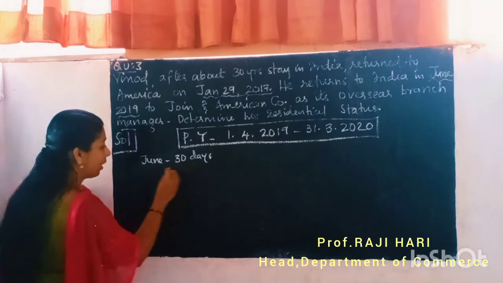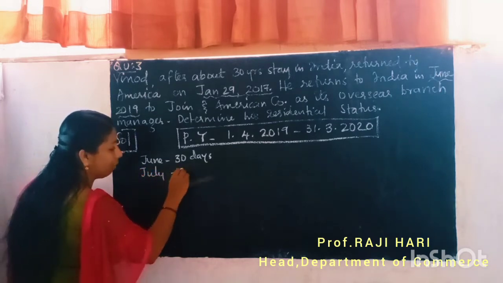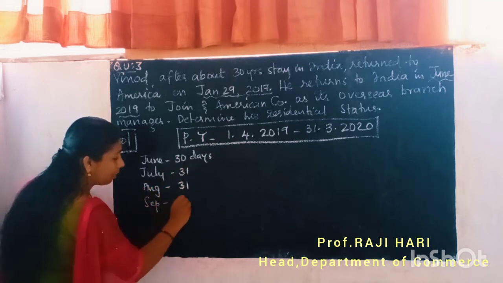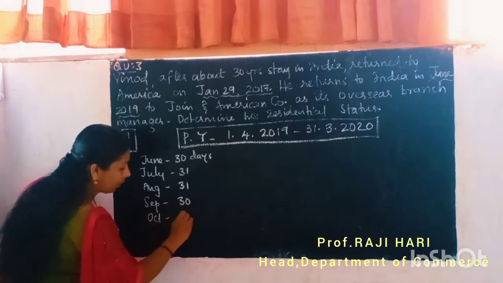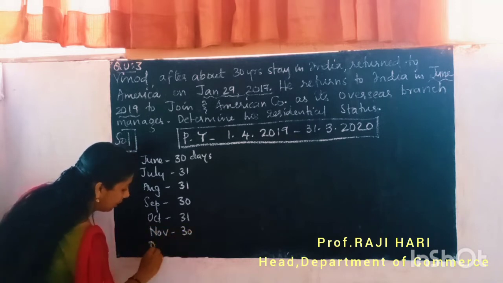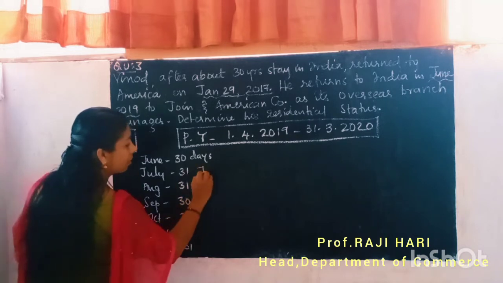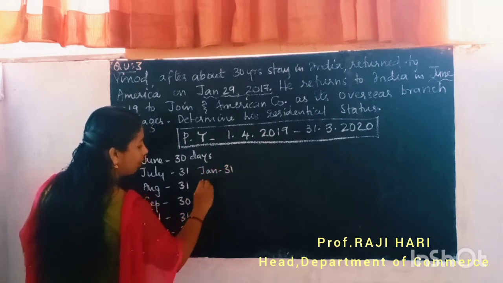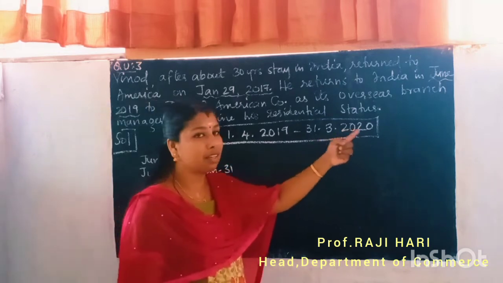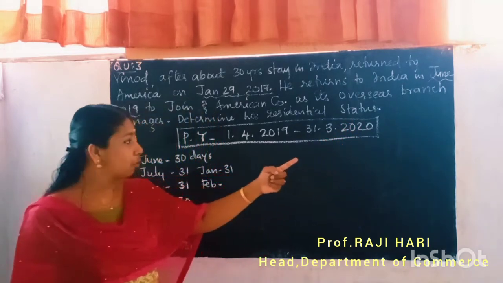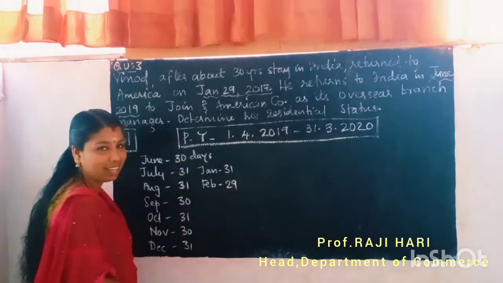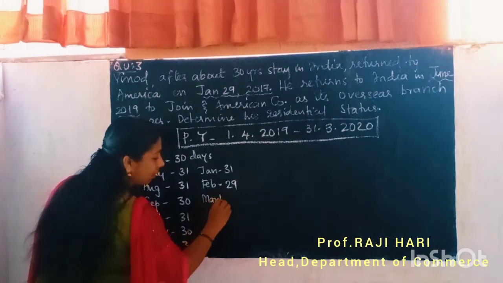So June 30 days, July 31, August 31, September 30, October 31, November 30, December 31, January 31, February 2020. Is it a leap year or not? 2020 leap year? Yes, leap year. So 29 days. Then March 31.